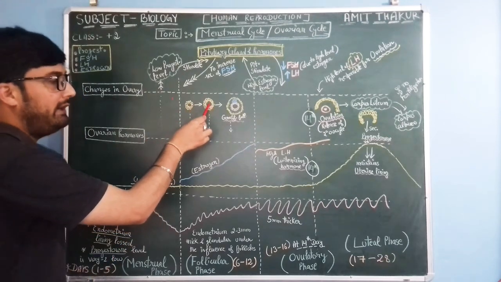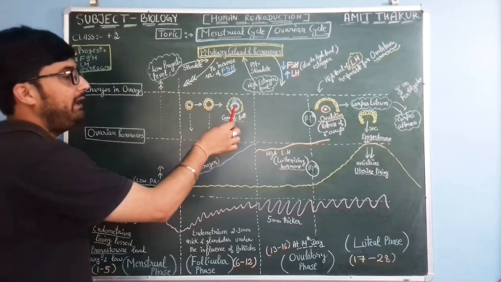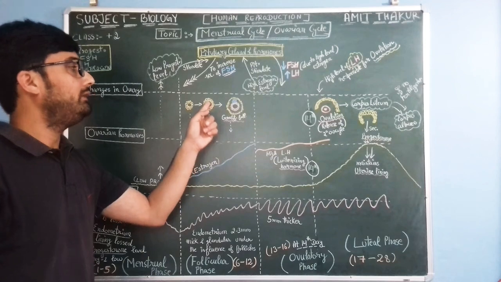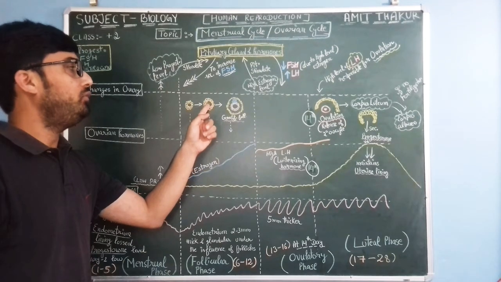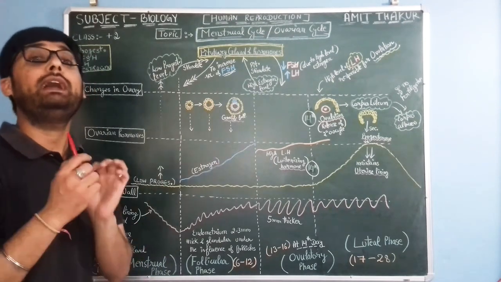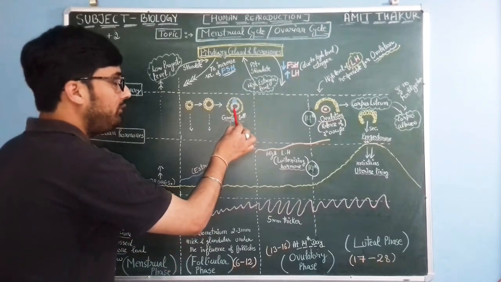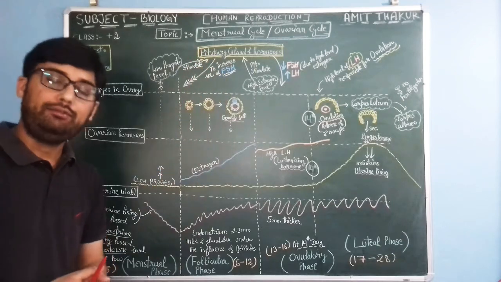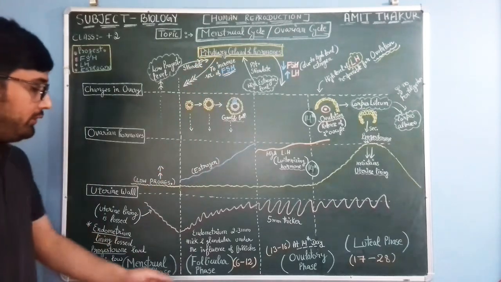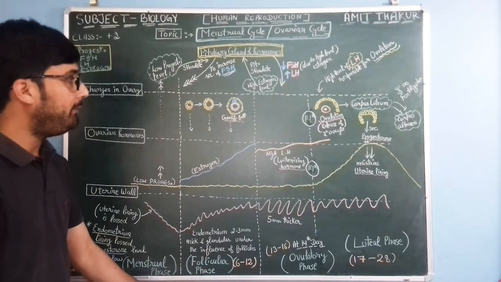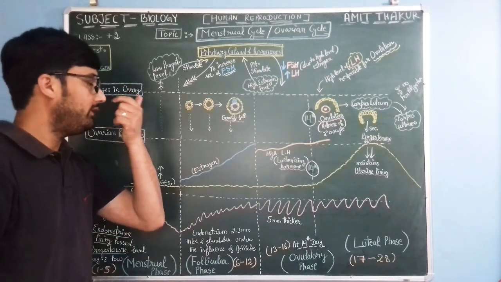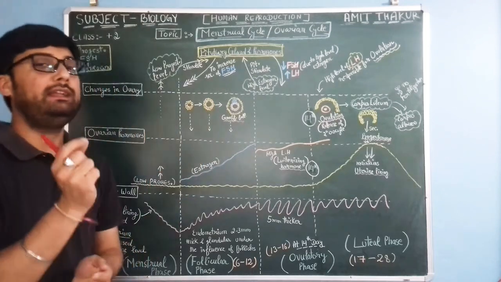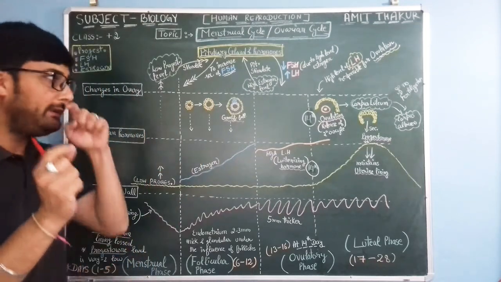Then this primary oocyte enlarges in size and becomes a Graafian follicle, or this primary oocyte becomes a secondary oocyte, and this secondary oocyte is enclosed within a structure known as the Graafian follicle. So during the follicular phase, the Graafian follicle is formed, and inside the Graafian follicle there is a secondary oocyte.